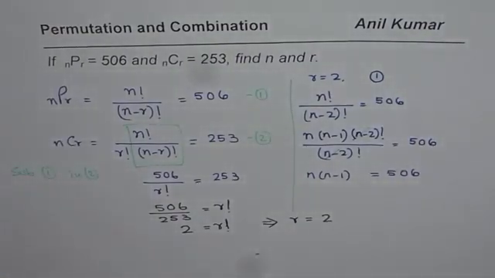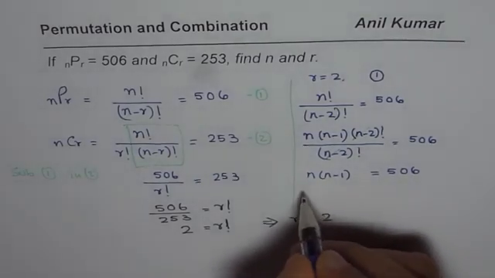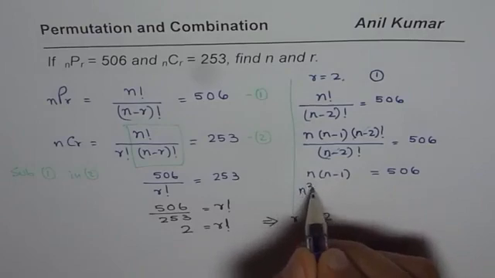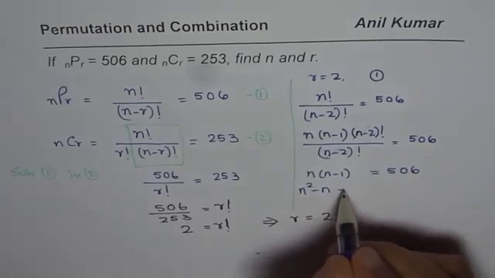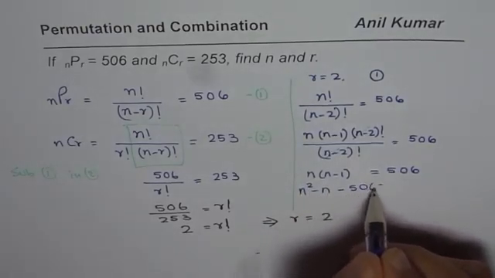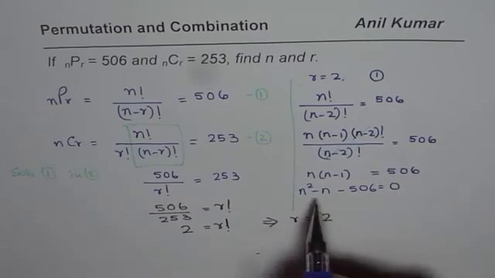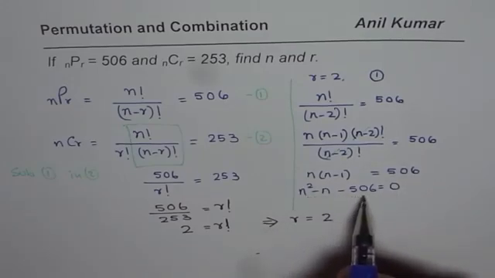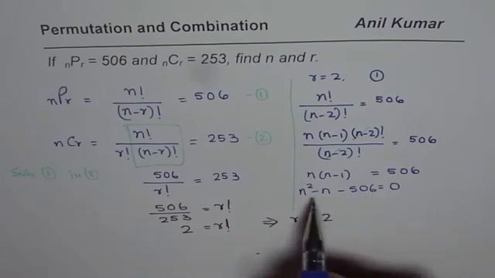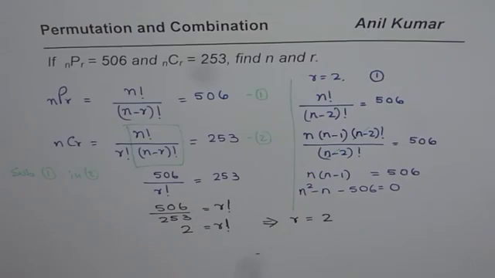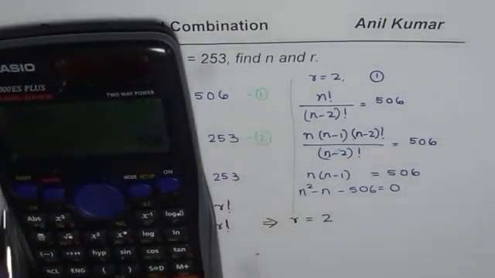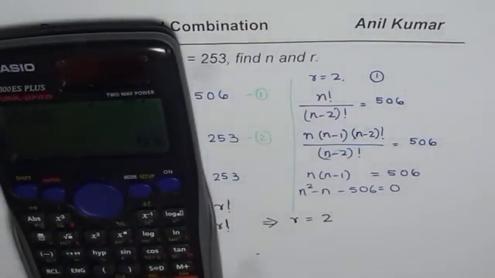But what we will do here is we'll adopt the quadratic formula method, right? We can expand this. Say we have n squared minus n, bringing 506 to the left side, equals 0. And now you can factor. We are looking for two numbers whose product is 506 and whose sum is -1. And as we found, 23 times 22 is 506, right?